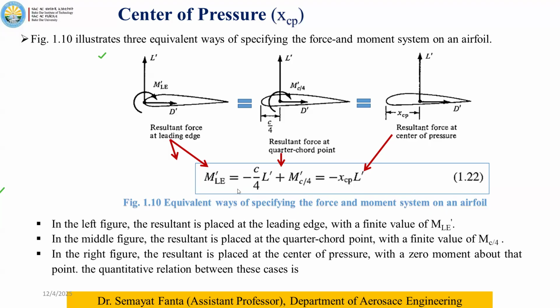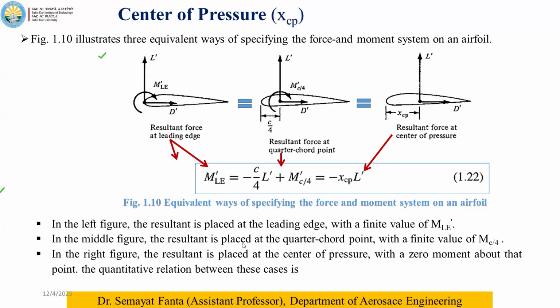So this is about the center of pressure. In the left figure, the resultant is placed at the leading edge with a finite value of moment about the leading edge. In the middle figure, the resultant is placed at the quarter chord point with a finite value of M C over 4.